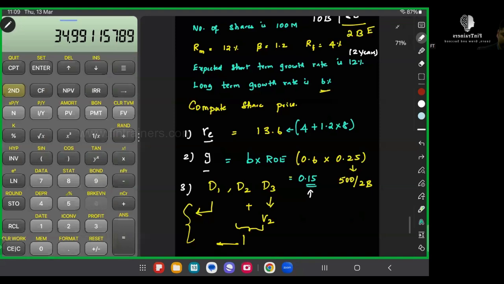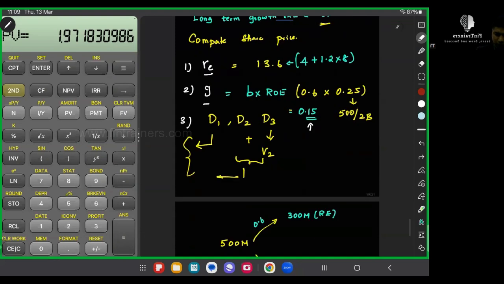So we'll store this. Okay, my recall, this is my D1, 2.24. So this is going to be my FV. N is 1. Cost of capital is 13.6. Compute my PV. Store this in one memory slot.